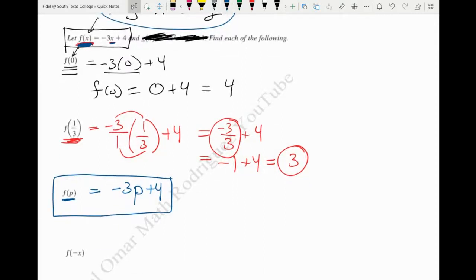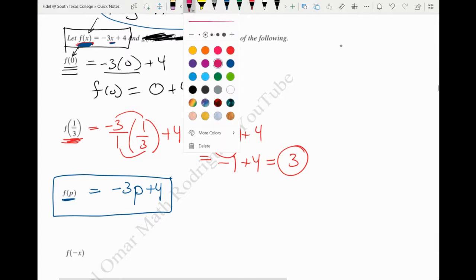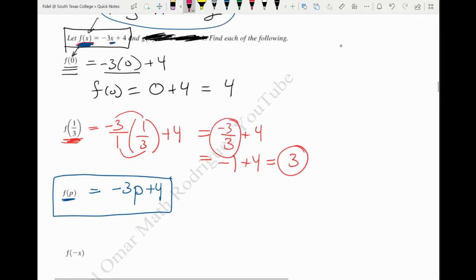All right, we got a couple more, so let's try them. Let's take a look at this one here. If you notice down here, y'all, I got f of -x. So right here, instead of writing an x, I'm going to put a -x. All right. So I'm going to write -3.